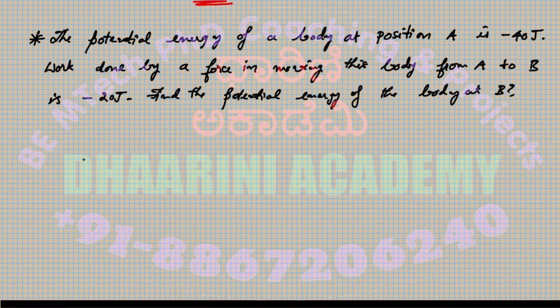So here we use the formula, that is the work done in moving any object, say A to B, is equal to negative of the change in the potential energy. That is equal to minus of the potential at B minus the potential at A. Okay, so simply we can write this is UA minus UB.